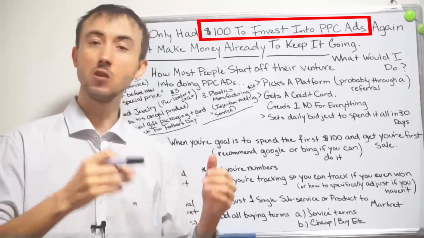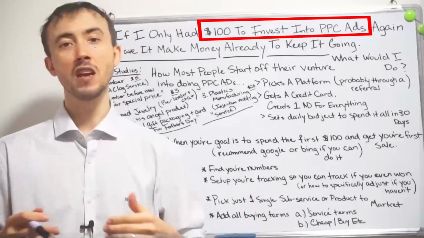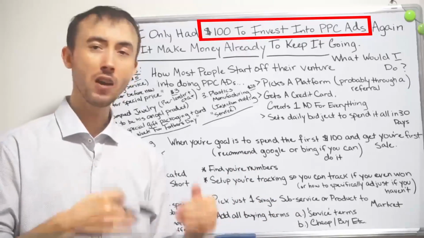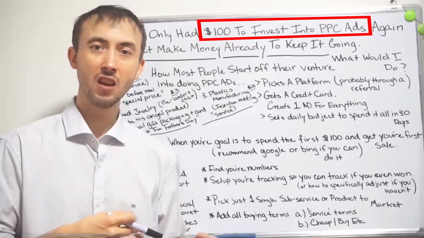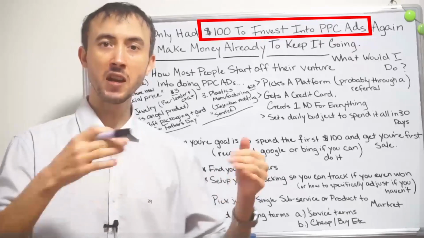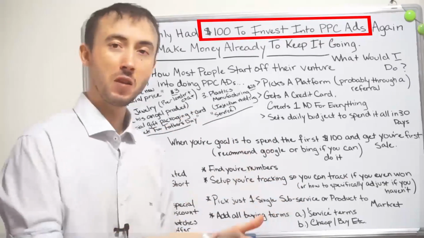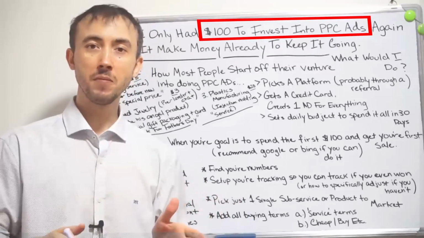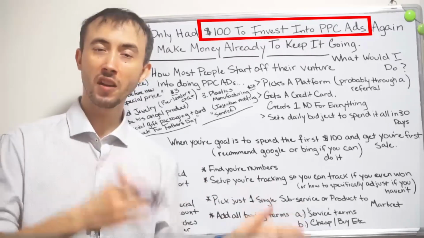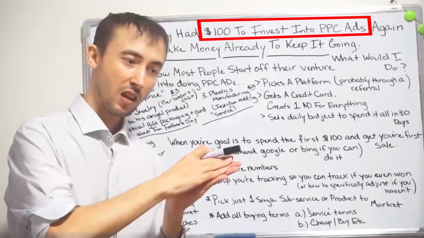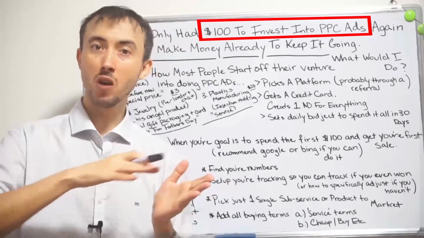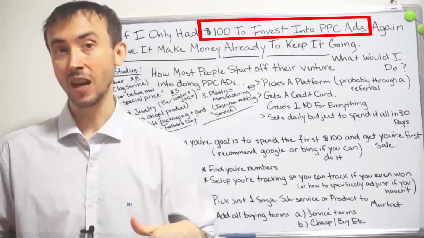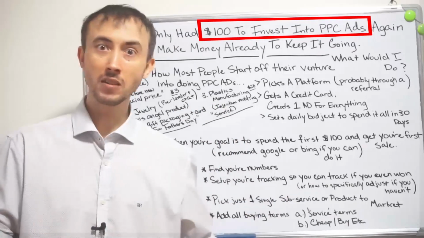That's what everything you're doing in PPC, if you're just starting out, should be about. How do I make enough money off this initial spend, with as little money as possible, to get break-even profitable, so that I can use that momentum and my data about what's working and what's not working and just keep the snowball rolling? And actually, it's going downhill at that point because you have no investment.